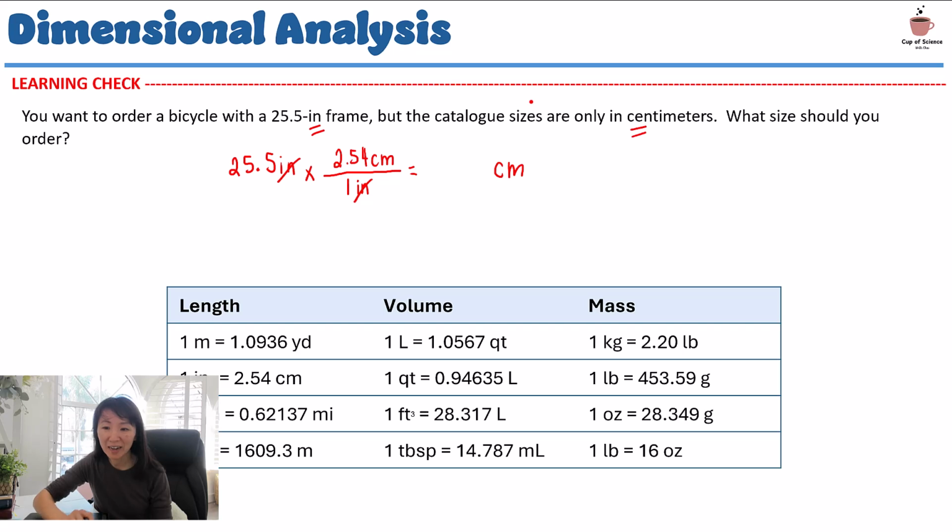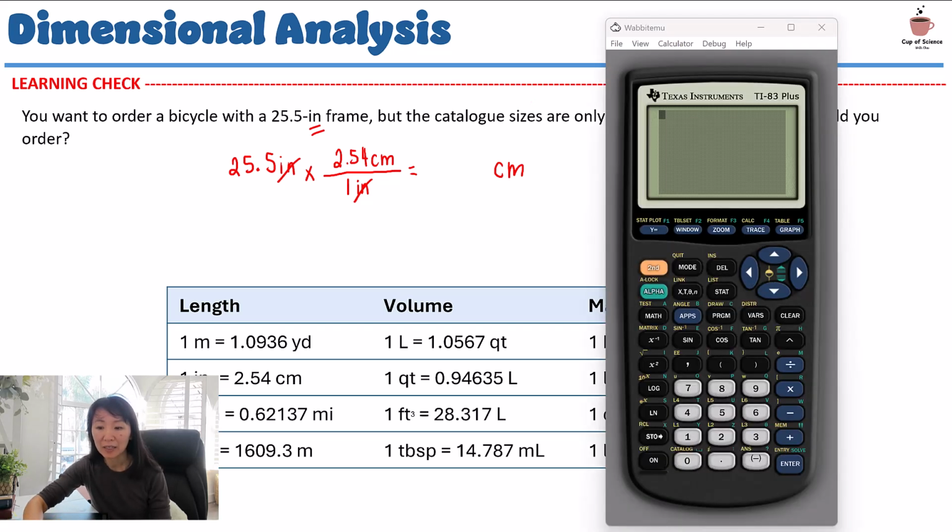So let's go ahead and calculate this. So here's my calculator, 25.5. That's this component here, multiplied by 2.54. And then I hit enter.